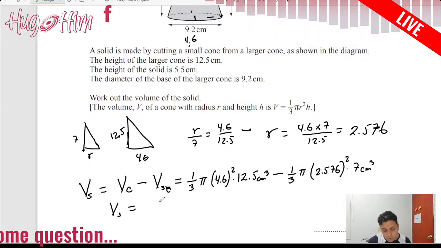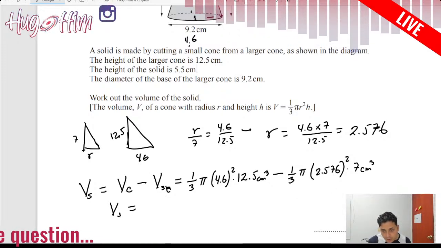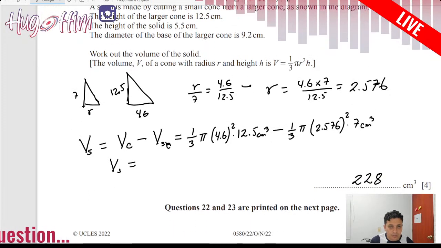Okay, I got 228.3, but I'm going to round it to 3 significant figures. 228.